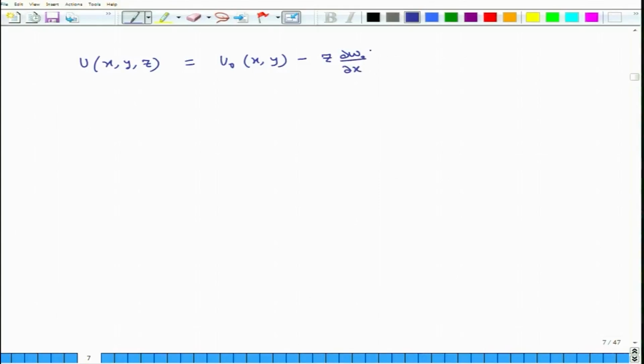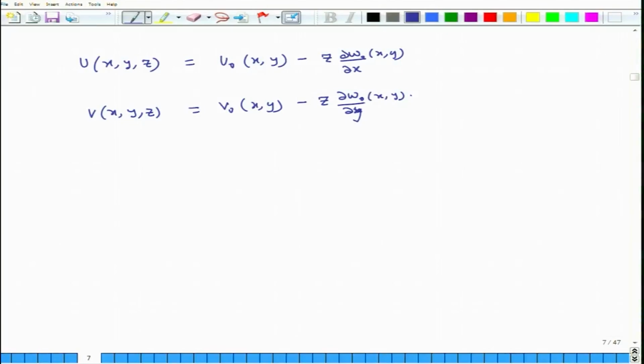Here W naught is a function of x and y. Similarly, the displacement in y, v, which is a function of x, y, z, equals v naught x, y minus z times del W naught over del y, and W naught is a function of x and y only.